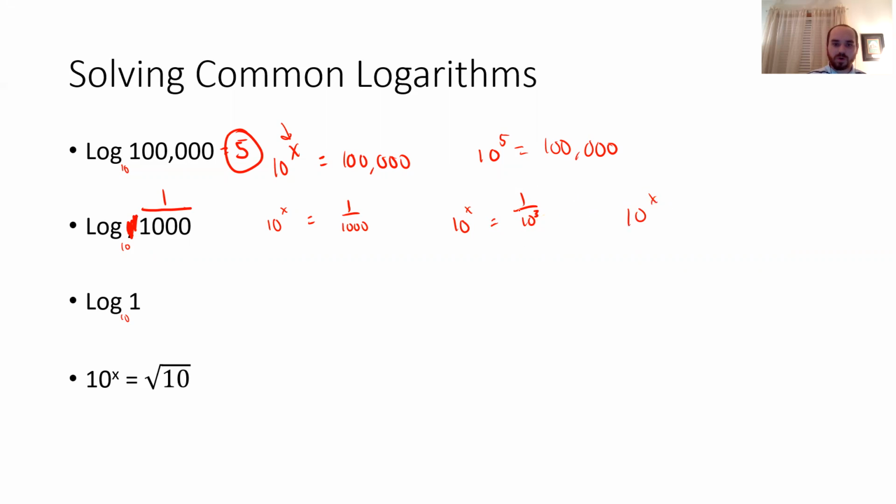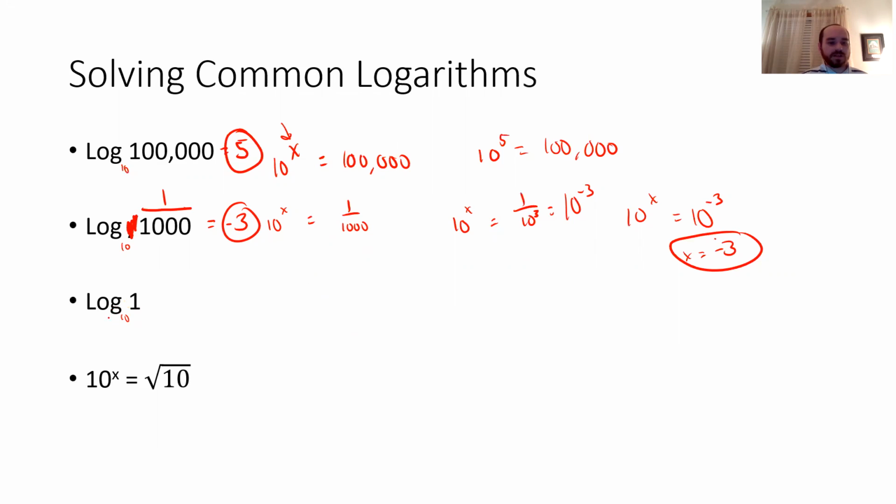So 1 over 10 to the 3rd is equal to 10 to the negative 3rd. That means 10 to the x equals 10 to the negative 3rd, so x equals negative 3. And again, you can plug that into your calculator and double check it.